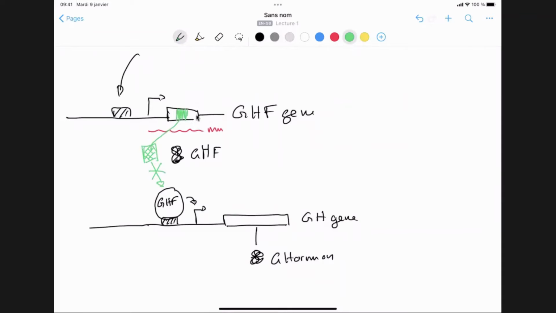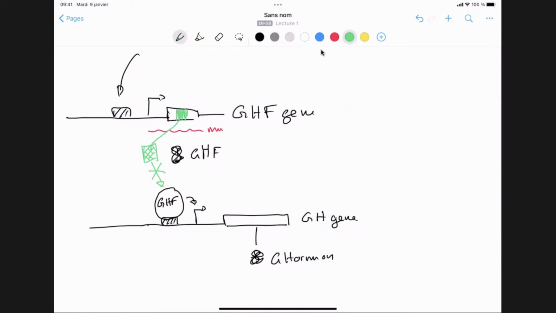So the mutation can be in the coding sequence of GHF. The consequence is that the GHF messenger is expressed, but there is a mutation in the sequence, so the translated GHF protein is not functional anymore. Do you agree with this or not?